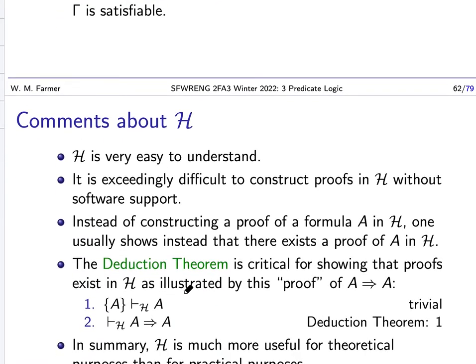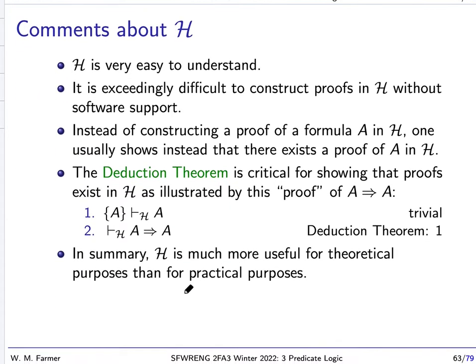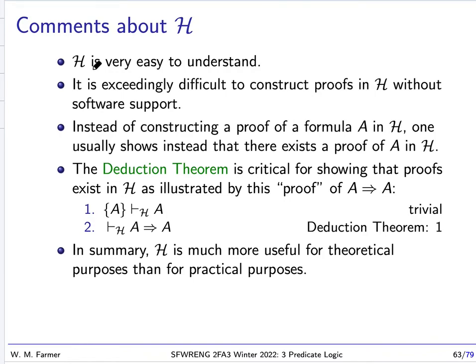I want to conclude today with some comments about H. H is very easy to understand. This is its virtue. But it's exceedingly difficult to construct proofs in H without software support. It's really useless if you're going to construct proofs by hand.